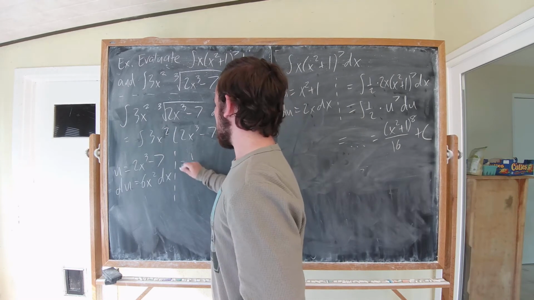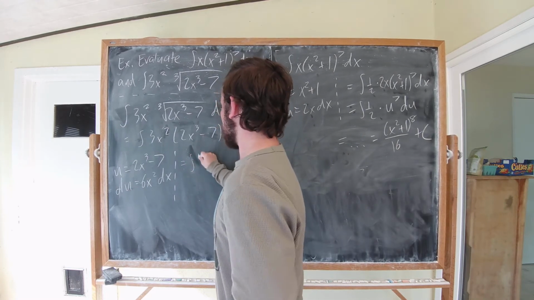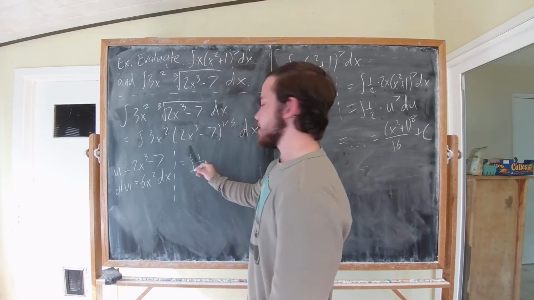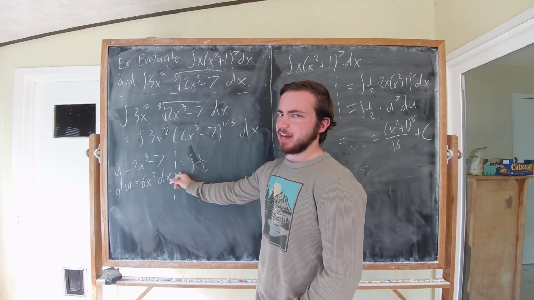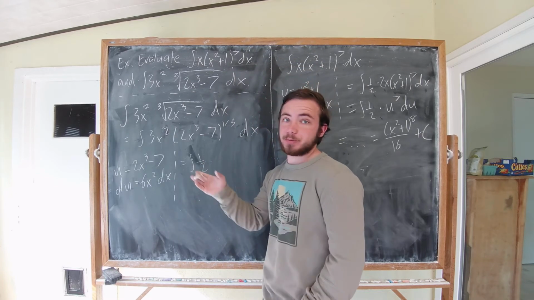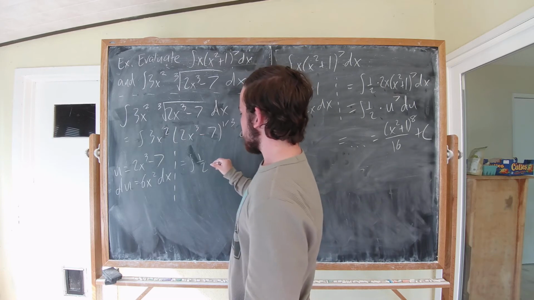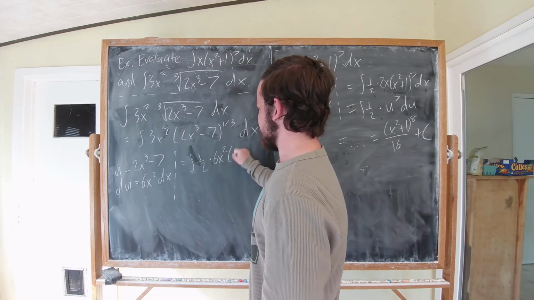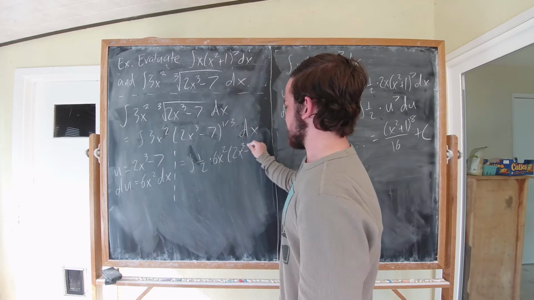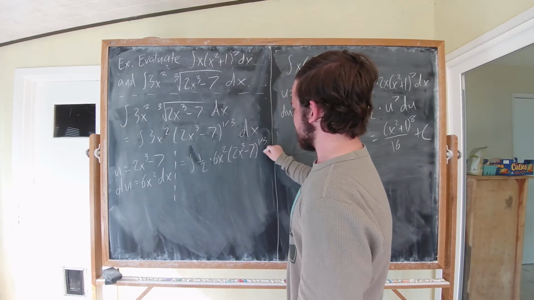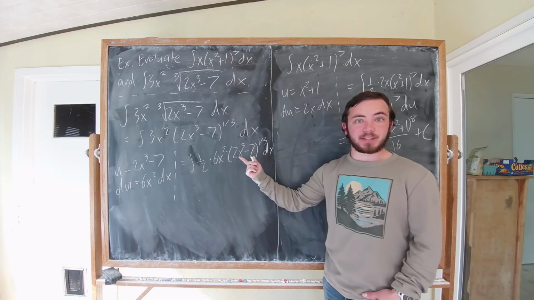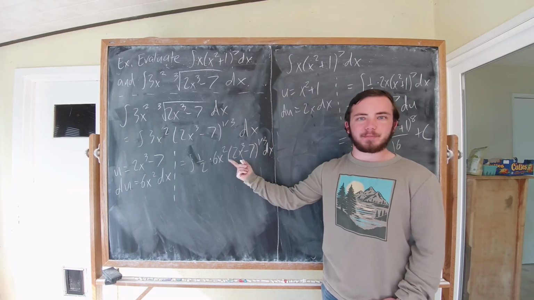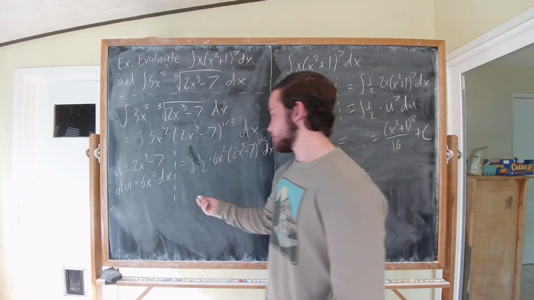This is equal to the integral of 1/2, and if you want, you can write this outside of the integral as well. Scalar multiples play nicely with that. It's going to be 1/2 times 6x squared times (2x cubed minus 7) to the 1/3 dx. And now we have all the pieces of our u substitution already present within our integrand.